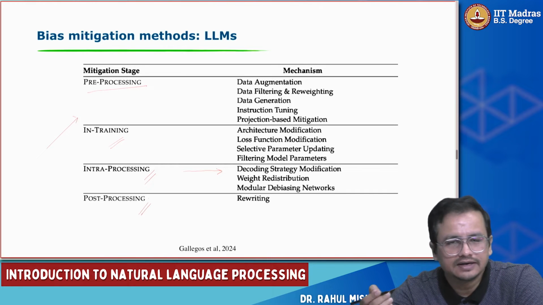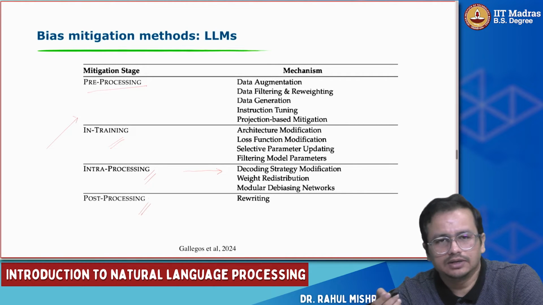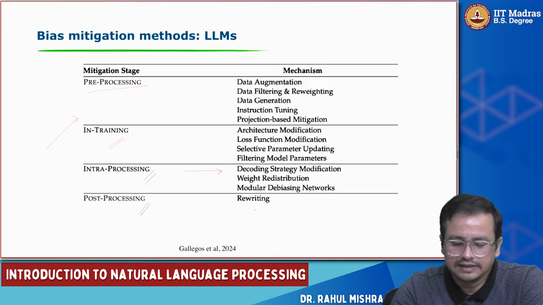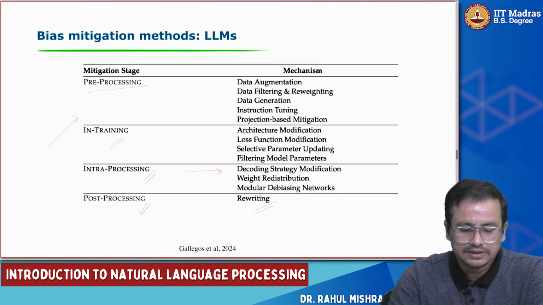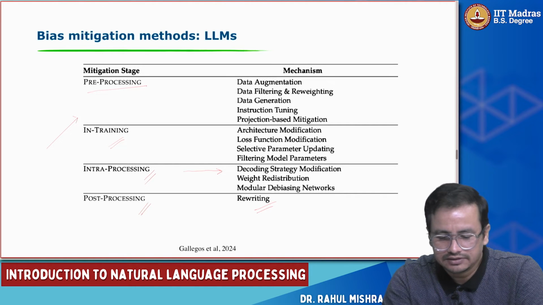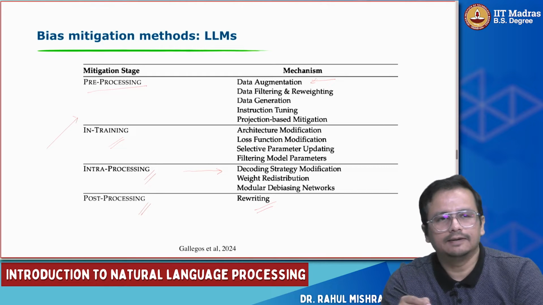So you generated an answer, you generated a text, and then you rewrite it with the help of another model, or maybe a debiased model, and then you get a debiased sentence or debiased generation, right? So these methodologies are there. In pre-processing, there are multiple methods. So data augmentation, where you might want to augment samples.